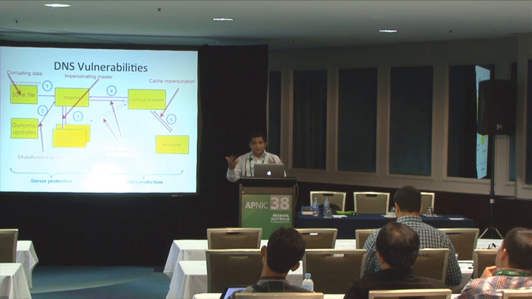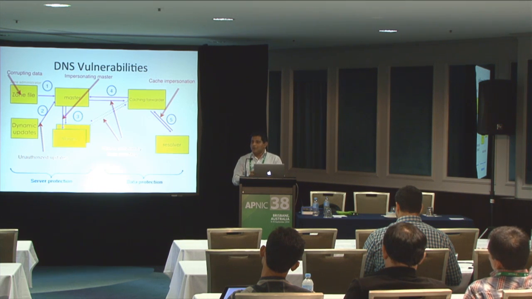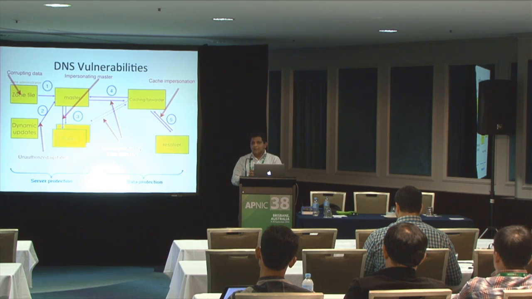So when you come to me, how do you really know whether I am really your primary? Maybe someone is impersonating me, so you would be talking to a wrong server. Or when I give my zone to you, how do I really know whether you are really my secondary? So impersonation can happen.